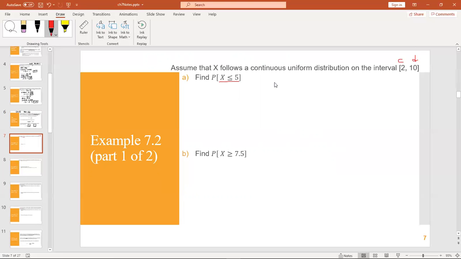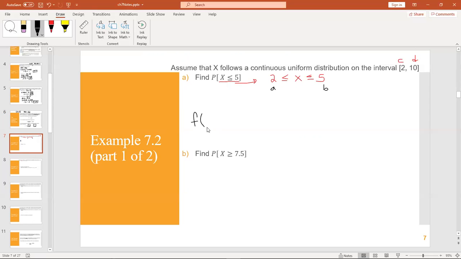They don't directly spell it out for you, but because the lowest we can possibly go is the number 2, this is really telling you what's the probability of it being between 2 and 5. So in this case, this one they call A, and this one they call B.